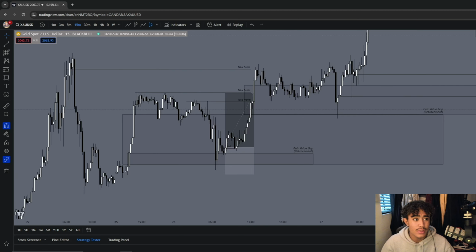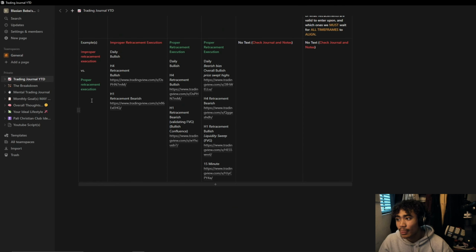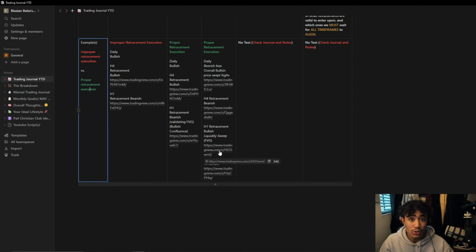So those are 2 examples, and I'm going to drop you guys a little nugget with my own personal journal. Drag it here. I don't know if you guys could see, but we have my own personal journal right here, my Notion journal. And I have the 2 examples, improper retracement execution and a proper retracement execution. And these images are based upon the 2 trade setups I just showcased to you.